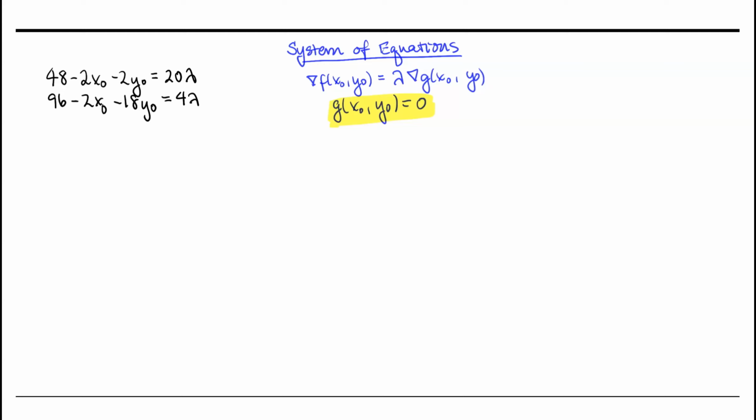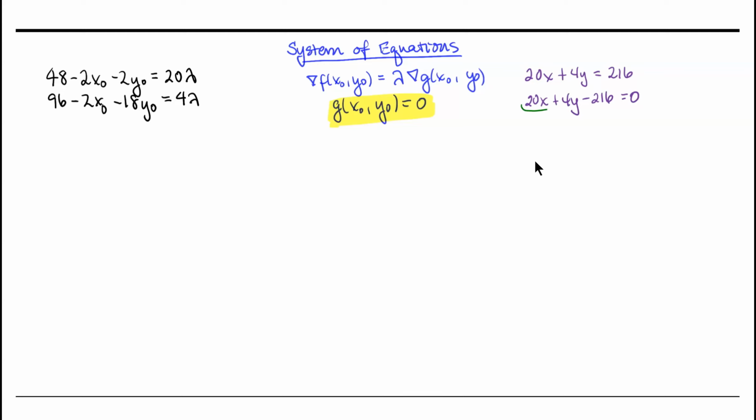Now recall that the constraint function we were given was 20x plus 4y equals 216. So we're going to take this equation, rewrite it, and set it equal to 0. So we'll have 20x plus 4y minus 216 equals 0.